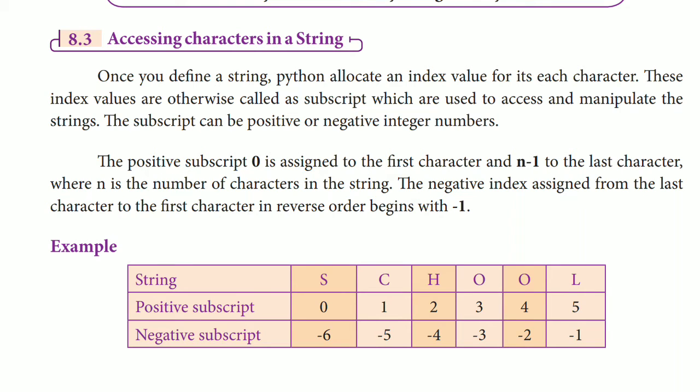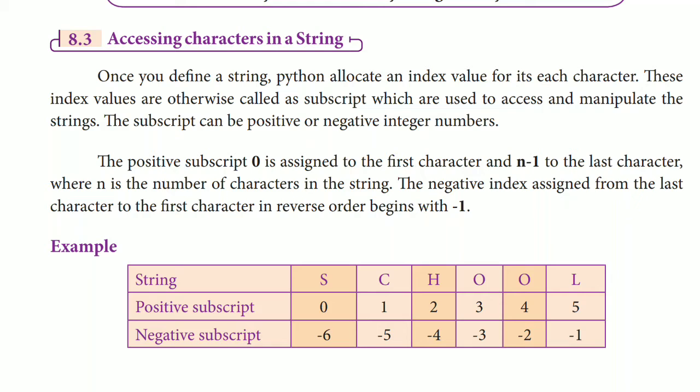Under the positive subscript value, 0 starts at the left side of the word, at the letter S, and ends with 5 at the right side of the word, L. Here you can see that 6 letters are given in SCHOOL, including 0. 6 is the length of the word. So 6 characters are available in this word.